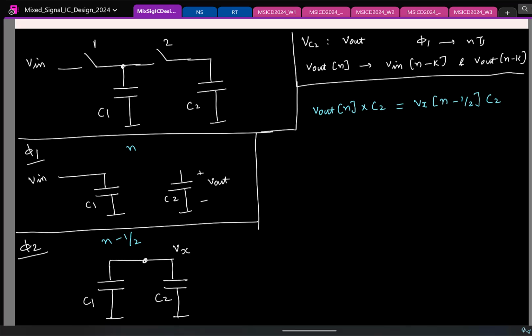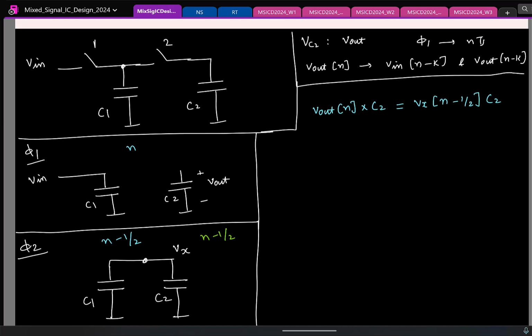Cool. So now to find V out of n, what should I find? My V out of n is Vx of n minus half. So I should find Vx of n minus half. So among these two, which circuit do I look at now? The circuit in phi 2. So I am looking at the time instant n minus half. Clear? So where will I apply charge conservation here? I just have one node. I should look at both capacitor charges.